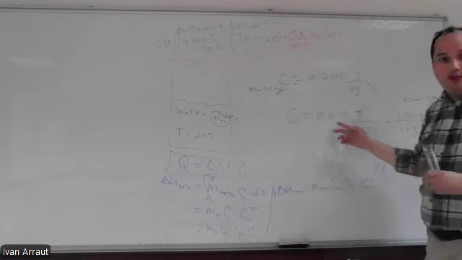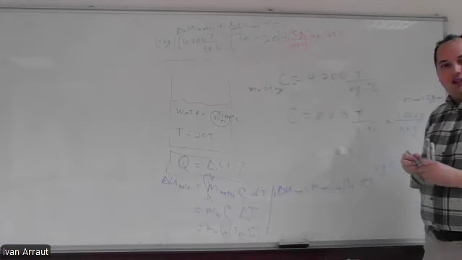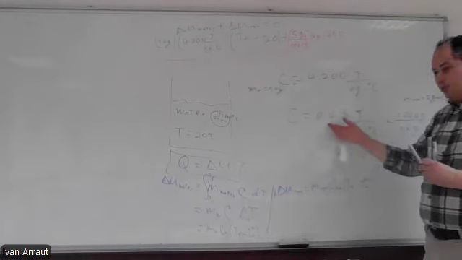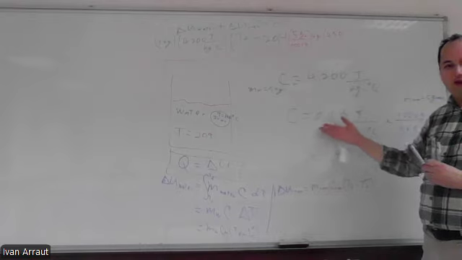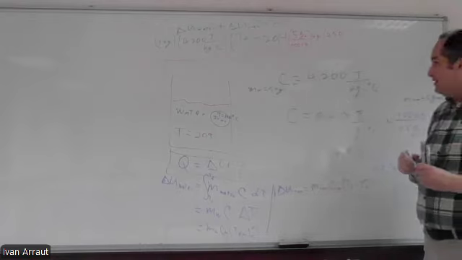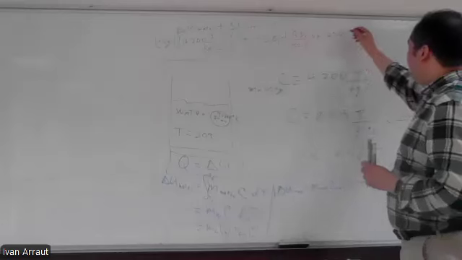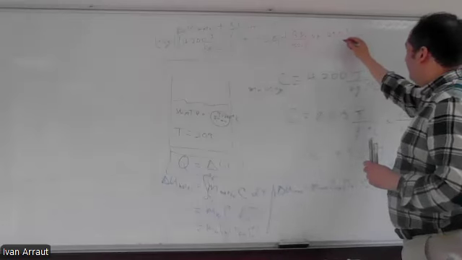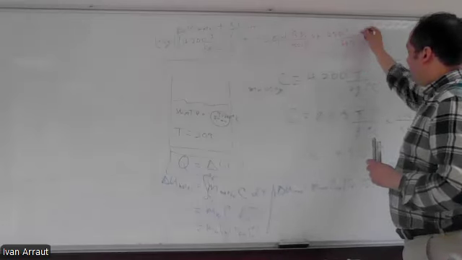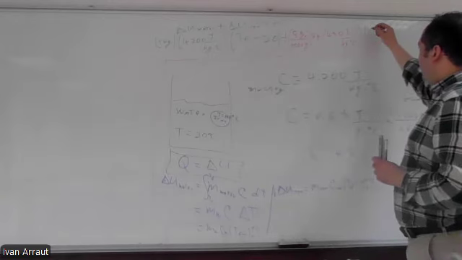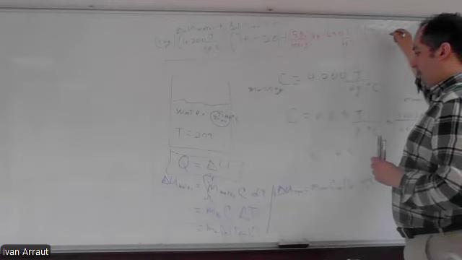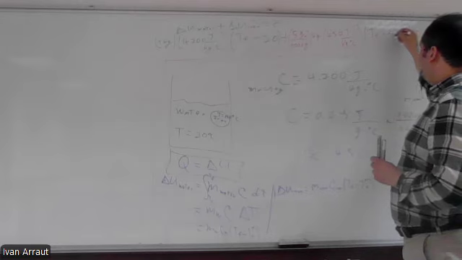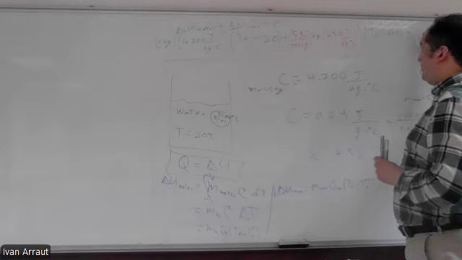Actually, if I had not converted this, I could express 0.45 actually. Well, anyway, I did it this way already. So 450 joules per kilogram degree Celsius. Change of temperature, final minus 110 equals 0.